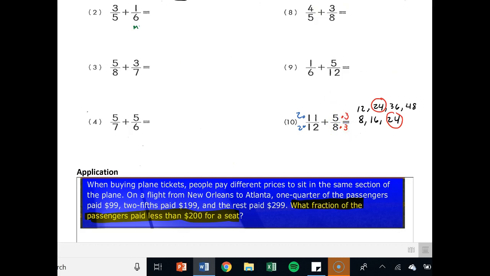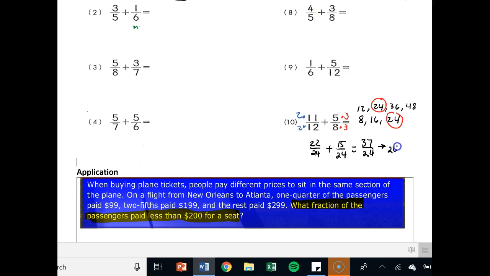All right, so I've got 22 over 12, or sorry, over 24, excuse me, because 2 times 12 is 24, and then I've got 15 over 24. When I add these up, I get to keep the denominator, of course, and 22 plus 15 is 37 over 24. That's improper, so we know what to do.